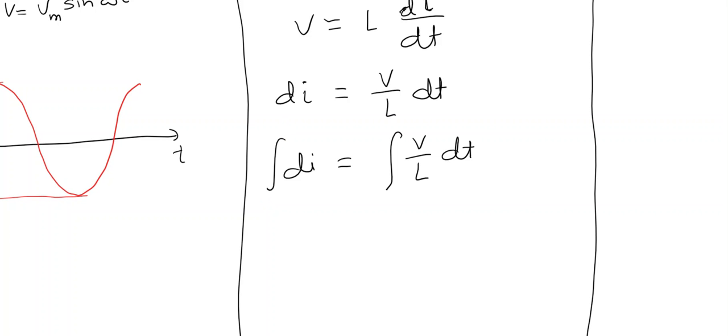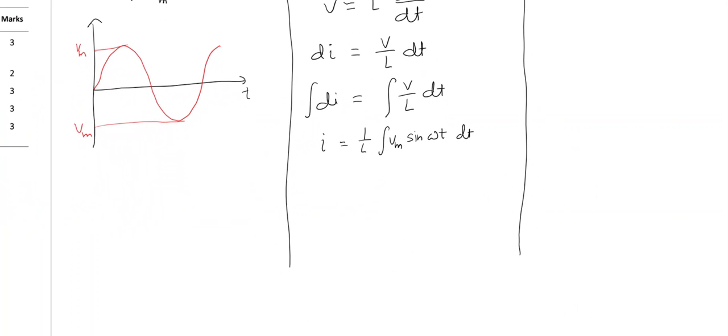Integration of di will give me I, and L being constant, I can write it outside the integration: Vm sine omega t dt. Vm again is constant, so it is Vm by L integration of sine omega t. What is the integration of sine? It is minus cos.